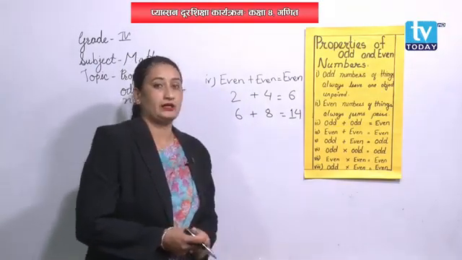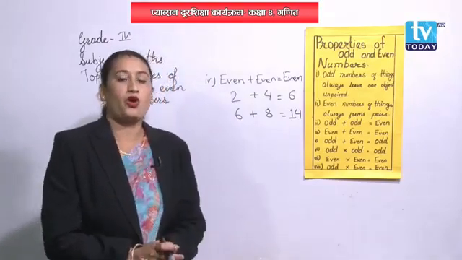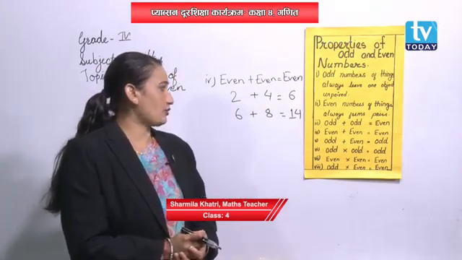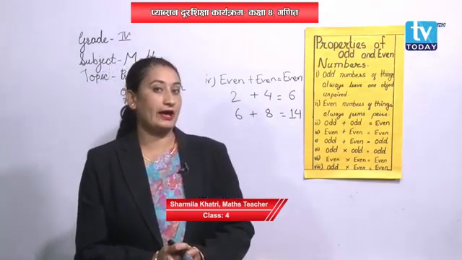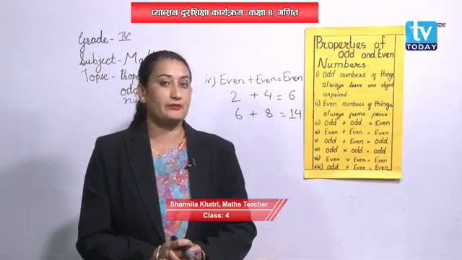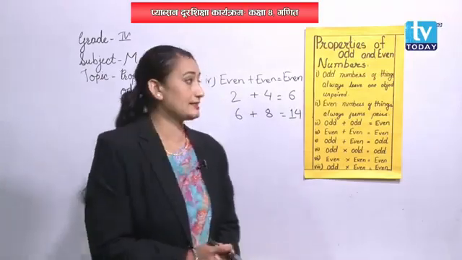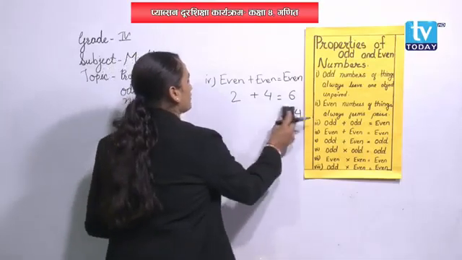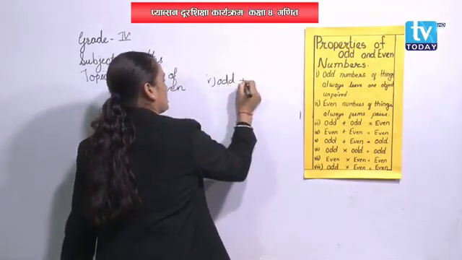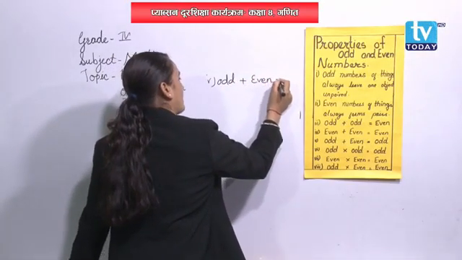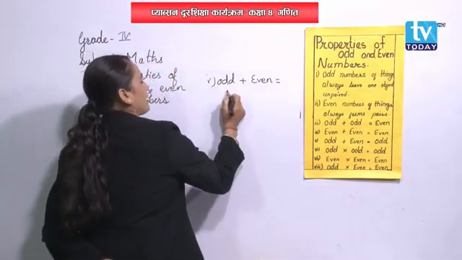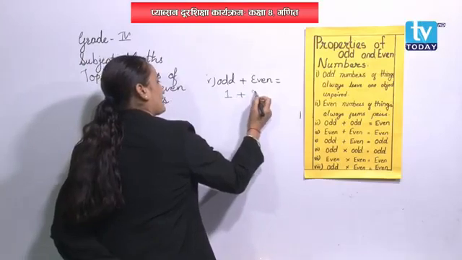Now next, if I add odd and even, right, then what will it give? If I add odd plus even number, then what will be the answer? Let's check it out. Okay, odd plus even, let's find out. First one is an odd number, odd and even.